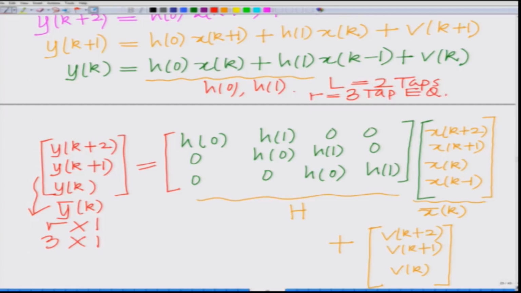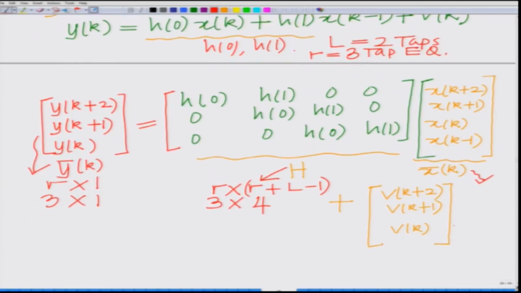So, this y bar k is basically a 3 cross 1. Now, this matrix H you can see is R cross R plus L minus 1, that is 3 cross 3 plus L equal to 2, 2 minus 1. So, 3 cross 4. x bar is R plus L minus 1 cross 1, so this is 4 cross 1, and V bar k is simply R cross 1, that is 3 cross 1.